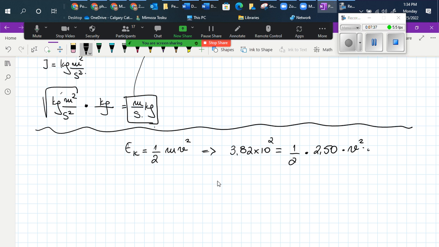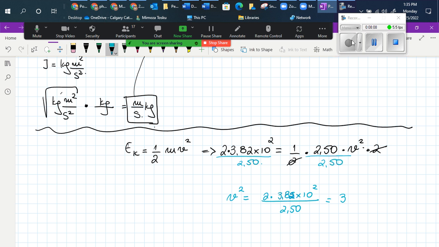So now you multiply by 2 both sides and divide by 2.5 or 2.50. And this will be v squared. So v squared will be 2 times 3.82 times 10 to the power of 2 over 2.50.